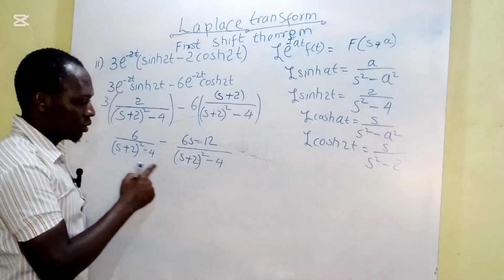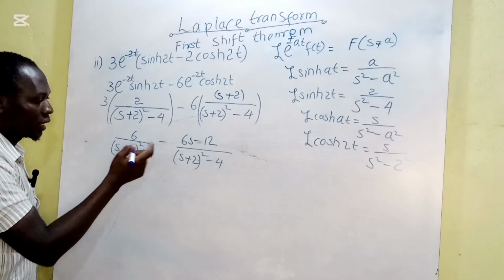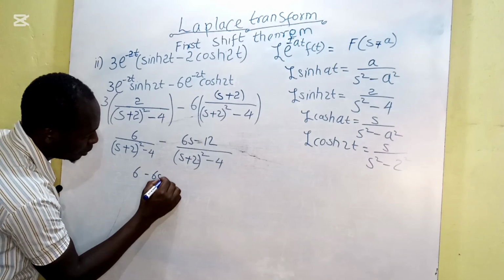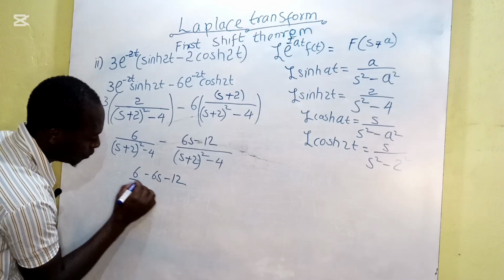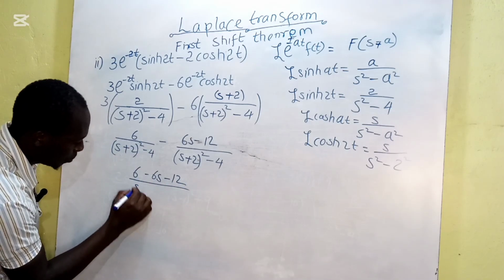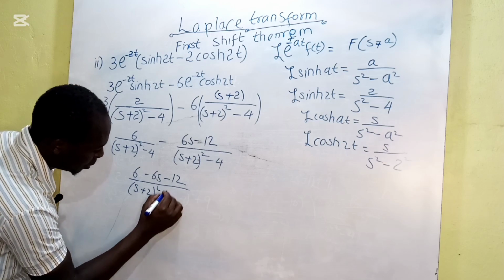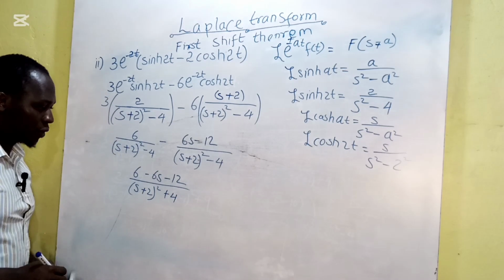Since we are having a common denominator, now we are going to have 6 subtract 6s subtract 12 all over s add 2, everything squared, we come and add 4.